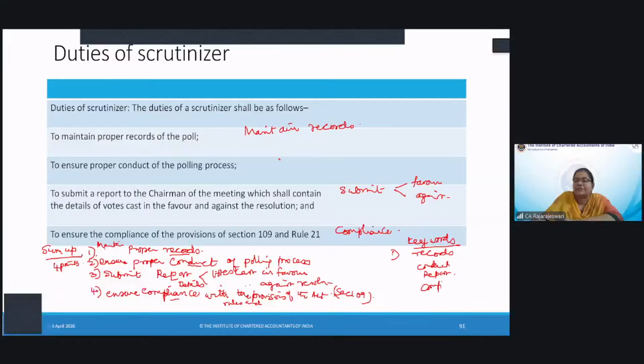Then compliance. You have to identify what is tested, what the student should write, and then based on that you should write the points. You should follow this for each and every question, each and every point that we are discussing.